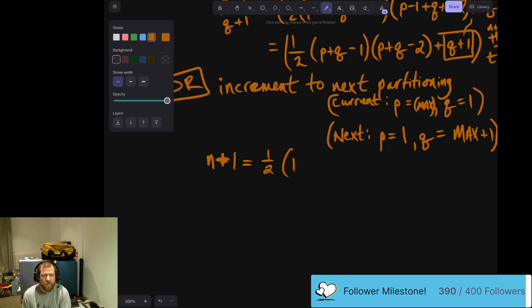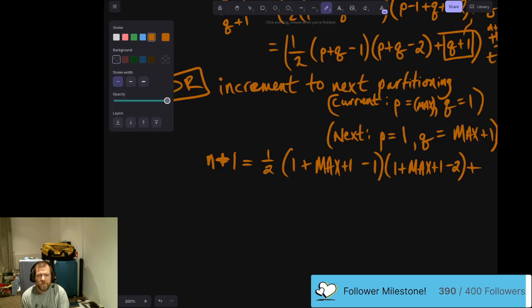Right, so if P's just gonna be 1, Q's just gonna be max plus 1. And then here we get a minus 1, times P is 1, Q is max plus 1, and minus 2, plus new Q is max plus 1 again.